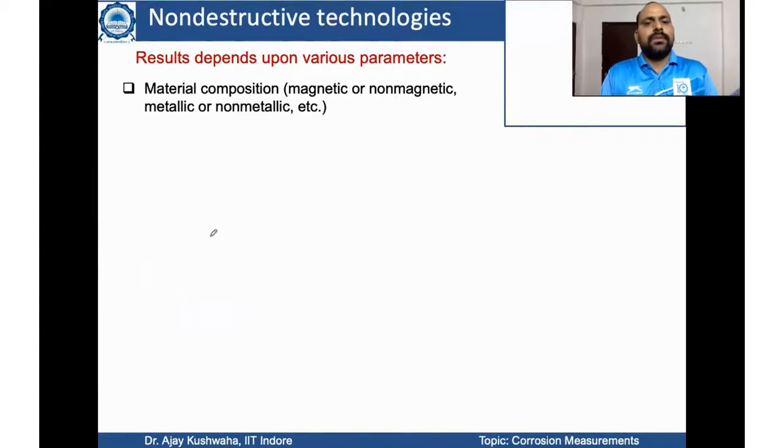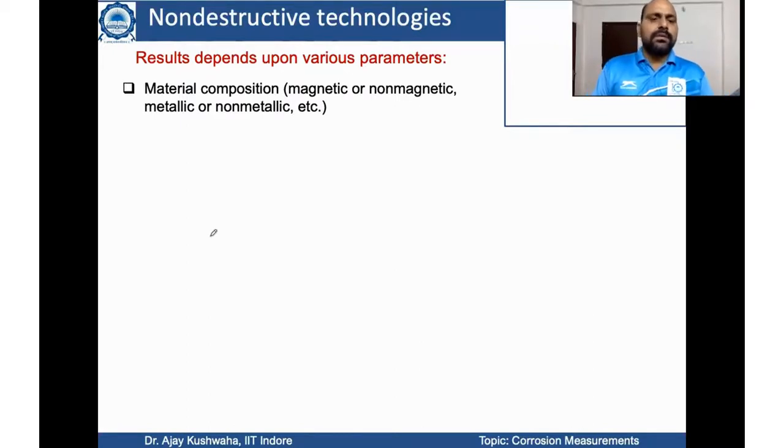So the result depends upon various parameters, because this technique depends upon a lot of different components. Whatever data we get with the non-destructive technologies or methods will vary based on the different conditions. So maybe the same system assessed by one team of experts can have a different set of data or different results than when assessed by a different set of experts.